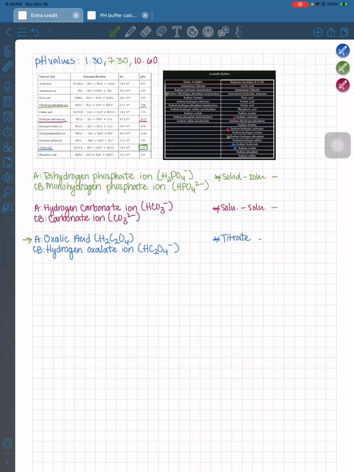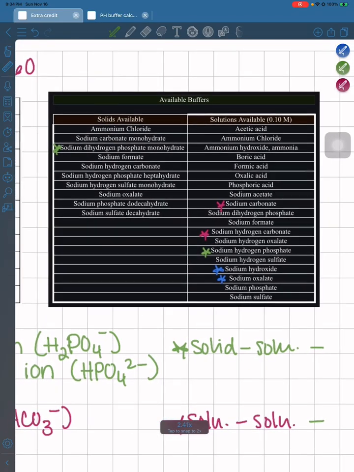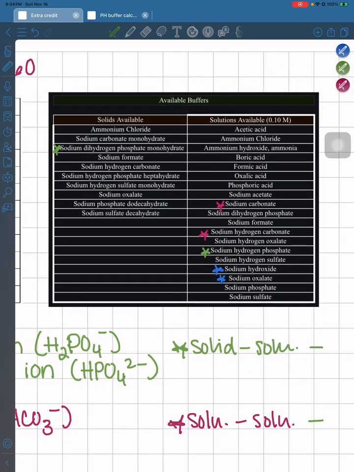Those 2 methods are solid solution and solution. Also, if you have an acid without a conjugate base, your only choice is titration. And there is a strong base available on this list provided by Uting to use, which is sodium hydroxide right here.